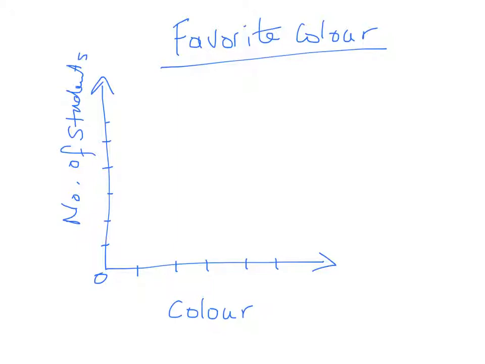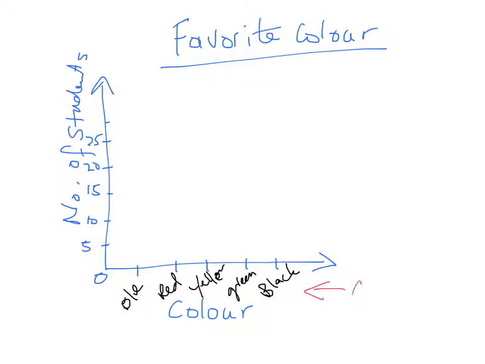Okay, and you can go 5, 10, 15, 20, 25, etc. At the bottom you have blue, red, yellow, green, black. Okay, it's very important to have the categories. What's the third one? That's categories.